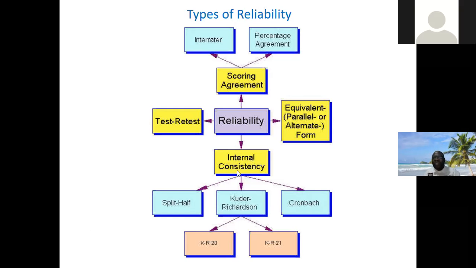Then we also have equivalent or parallel or alternate form. You know, this one is when we have two or more instruments doing the same thing. Example that usually comes to my mind is this RDT, rapid diagnostic test for malaria. You know, we have histidine-rich protein and lactate dehydrogenase, the enzyme.